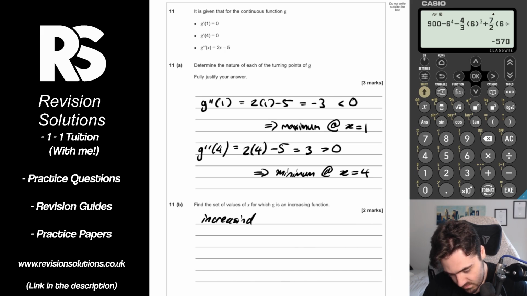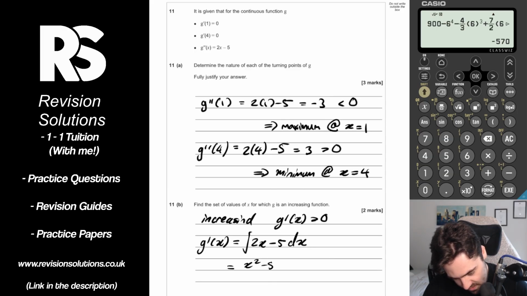So that's where g dash of x is greater than 0. So to get g dash of x, that's just the integral of the second derivative, so that's 2x minus 5, which is going to be x squared minus 5x plus c.